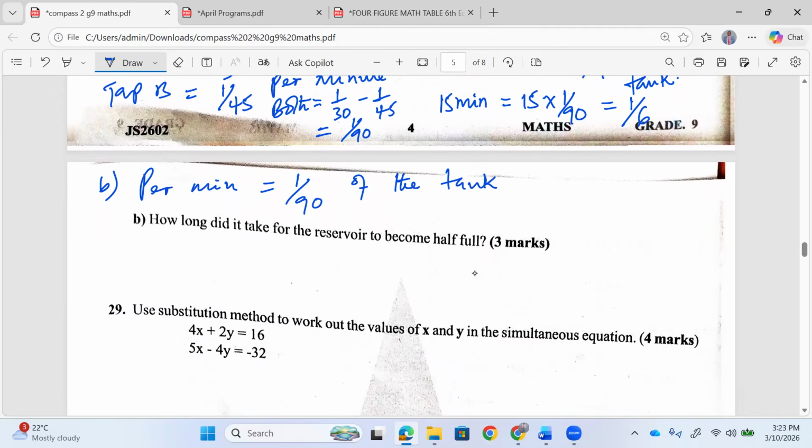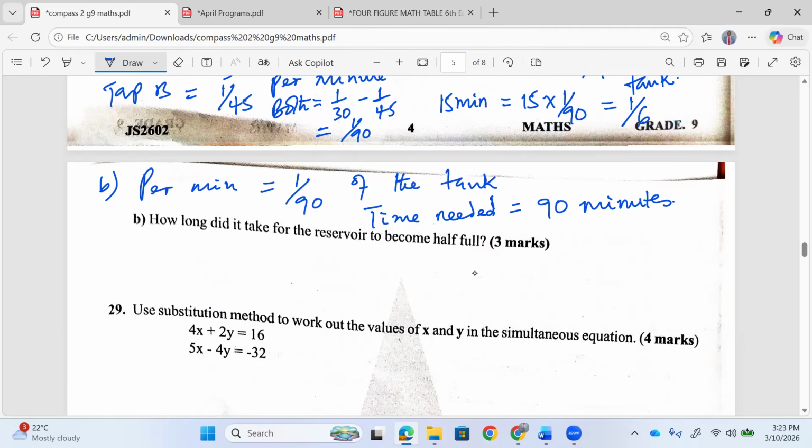Now with working rate, you can get the total time needed to fill. Total time needed to fill shall be the reciprocal of the rate, 90 minutes. So when both of them are working, they need 90 minutes to completely fill. If in 1 minute they fill 1/90 of the tank, then these two taps require 90 minutes to completely fill.